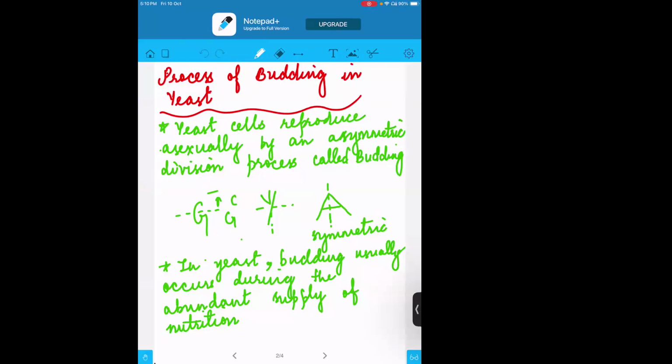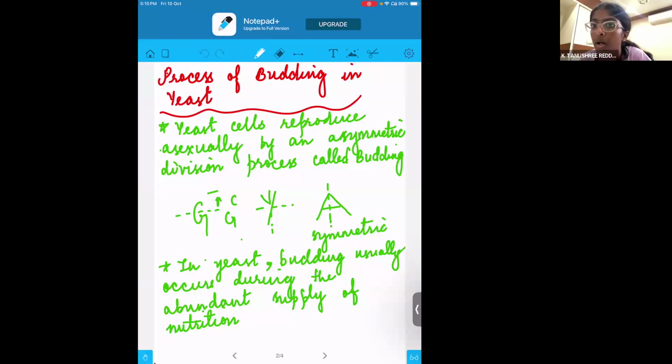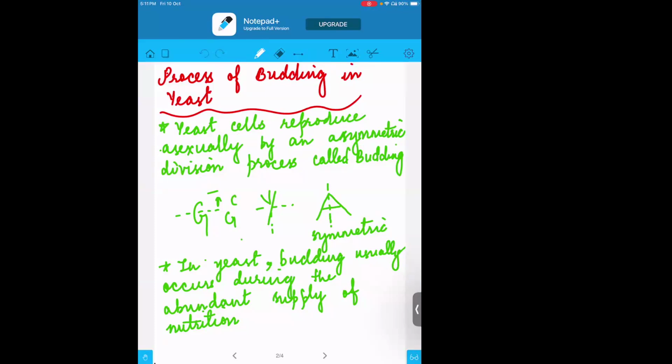Other children, just give me 2 minutes. Let them also complete and then we'll move. Tanu, have you completed? Ma'am, I'm writing the last point. Okay, all right. Once everybody is done, children, just let me know. Those who are writing.